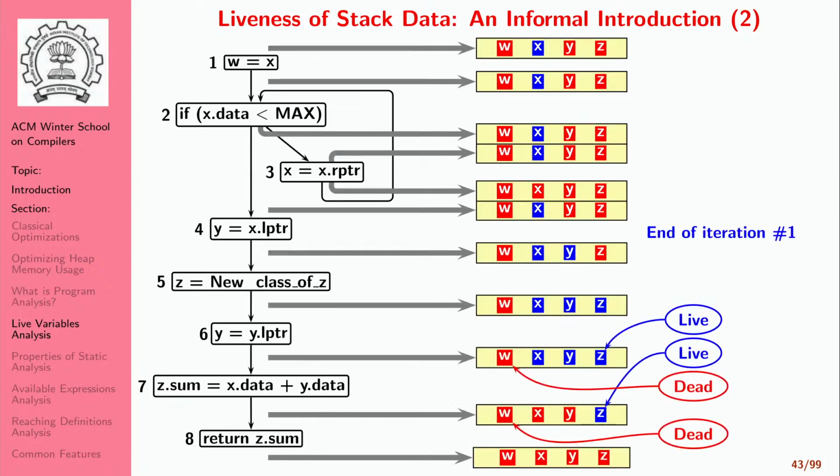So this is the result of our analysis. First traversal over the program going backward. At each program point we have annotated the variables that are live and the variables that are dead. Okay. However, there is a bit of a problem. Here we are saying X is not live, right?